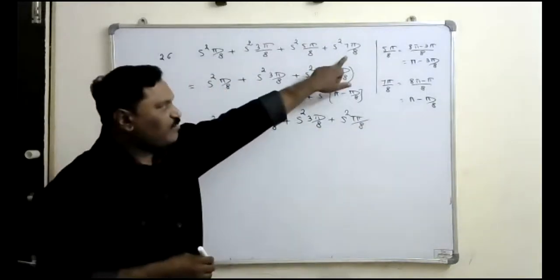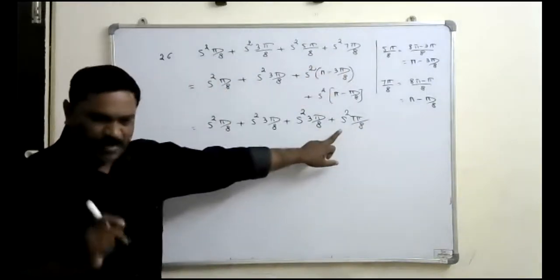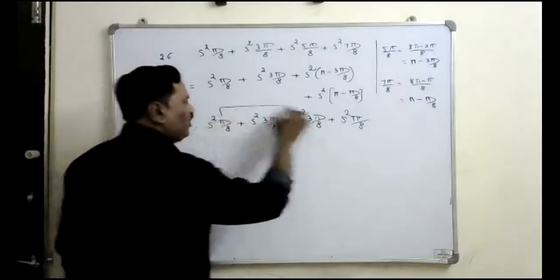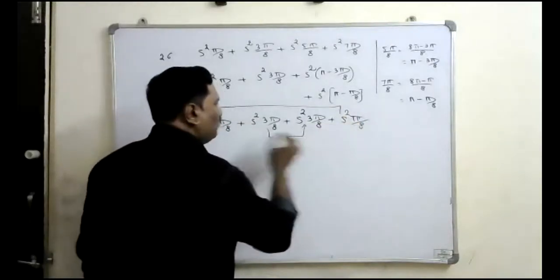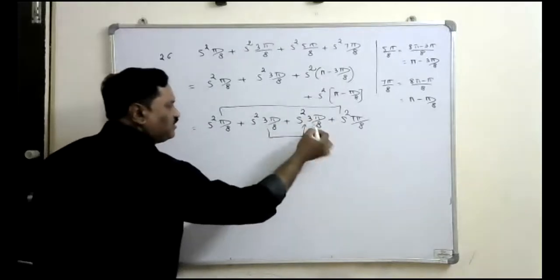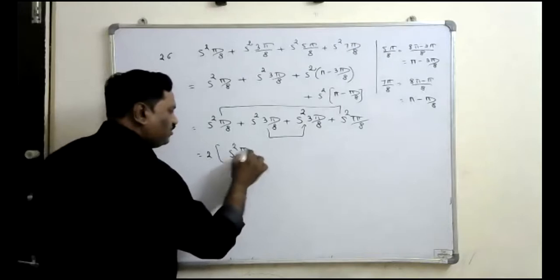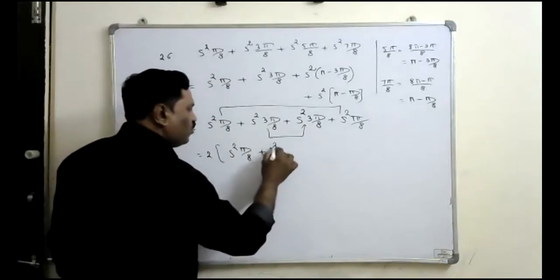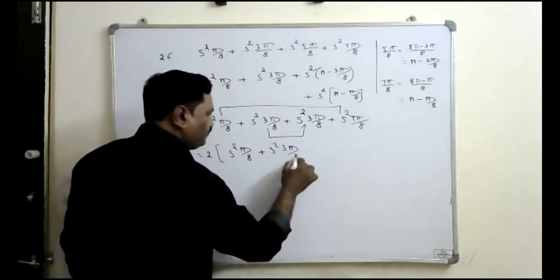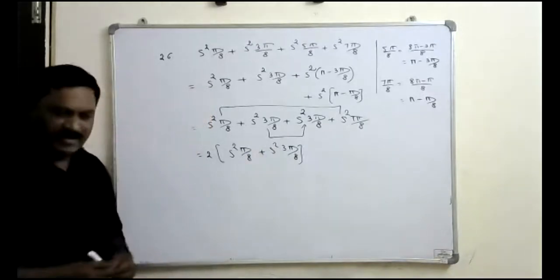Sine square 7 pi by 8 is also equivalent to sine square pi by 8. So these two are equal and these two are equal. That means this is available 2 times, and this is also available 2 times. 2 times sine square pi by 8 plus sine square 3 pi by 8. Okay, like that you can write it.